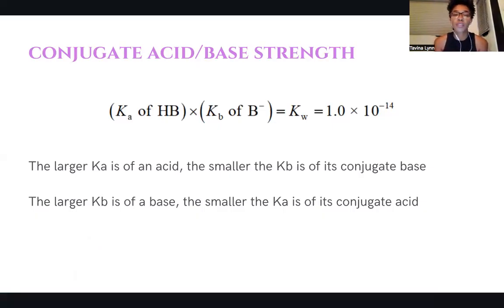We also saw this relationship earlier when we talked about pH and pOH. There's this inverse relationship. If we see a low pH, which is due to a strong acid, we will see a higher pOH. So we see this inverse relationship between the Ka and Kb, just like we see an inverse relationship for pH and pOH.